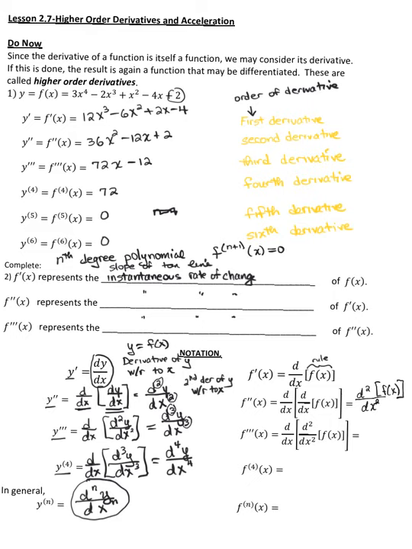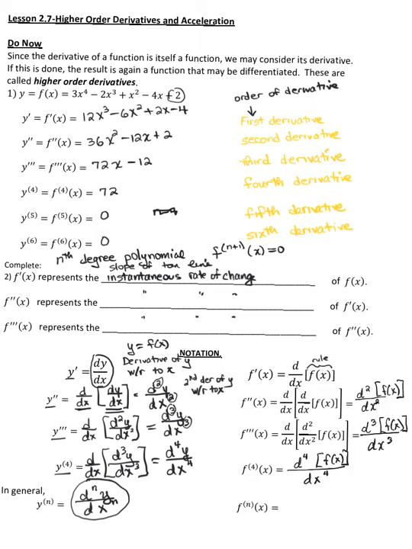And the third derivative, which is the derivative of the second derivative, is d superscript 3 of f of x over dx superscript 3. So the fourth derivative would be d superscript 4 of f of x over dx superscript 4.